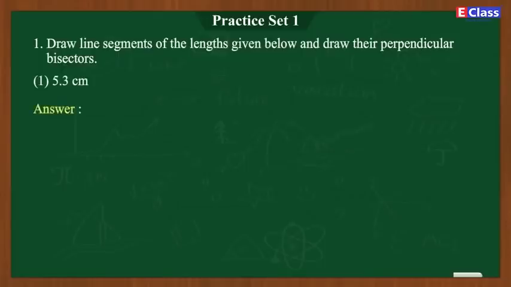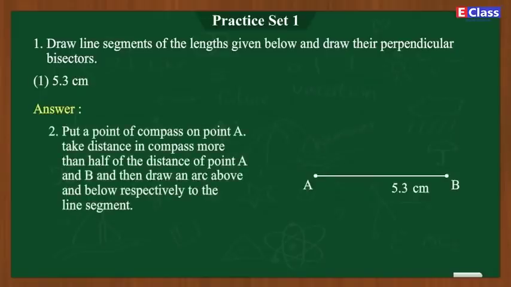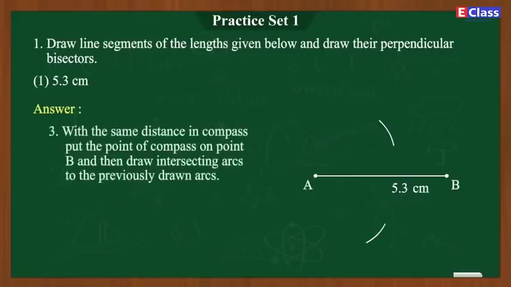Answer. 1. Draw a segment AB of 5.3 centimeters. 2. Put the point of compass on point A. Take a distance in compass more than half of the distance of points A and B, and then draw an arc above and below the line segment respectively. 3.